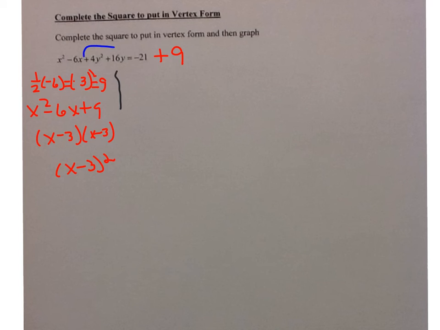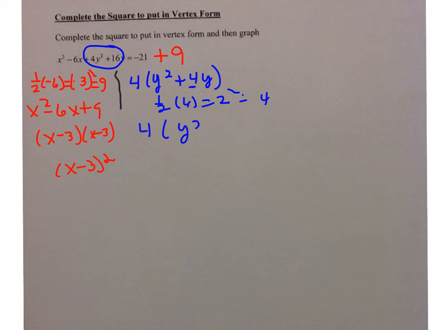All right, so now look at your y's. Notice the y's here, you have a leading coefficient of 4. So you have to factor out that 4. You have to be careful there. So I get 4 times (y squared plus 4y). I'm going to do half of the 4, which is 2, squared is equal to 4. So it's 4 times (y squared plus 4y plus 4).